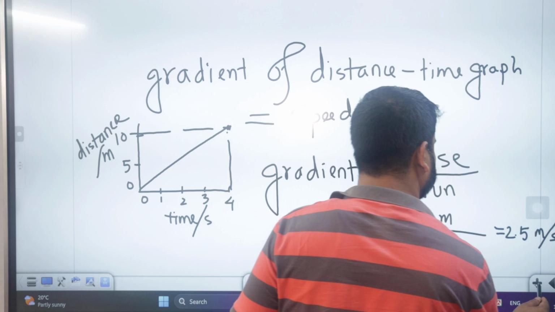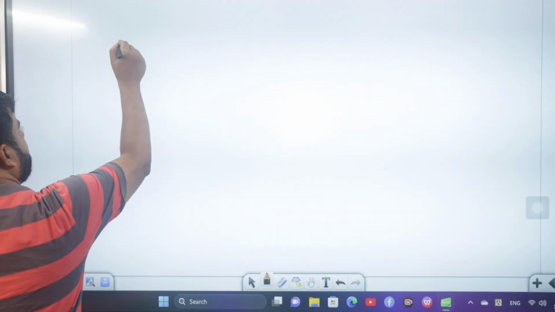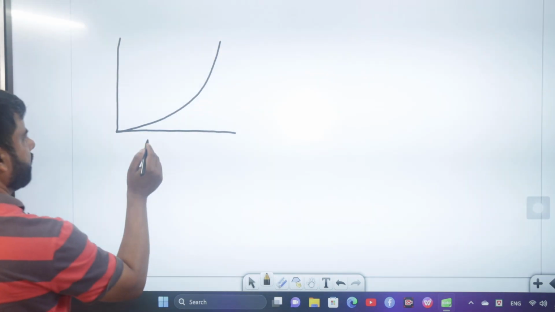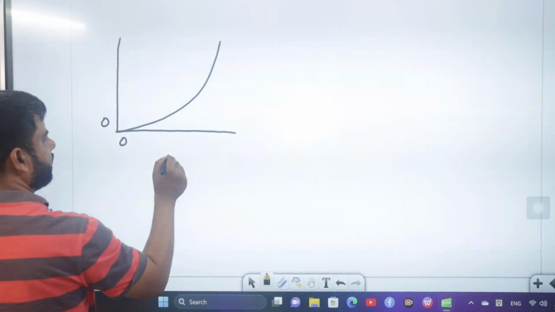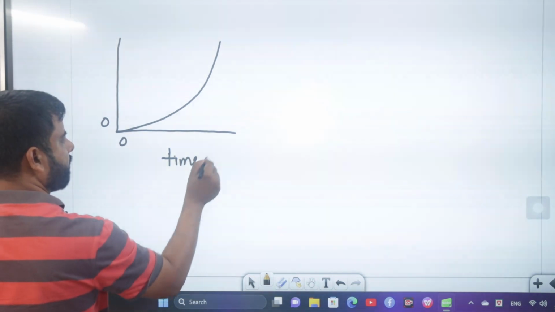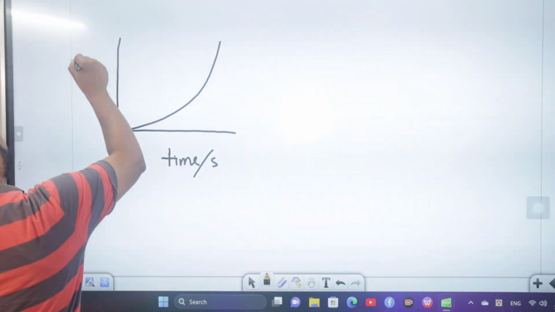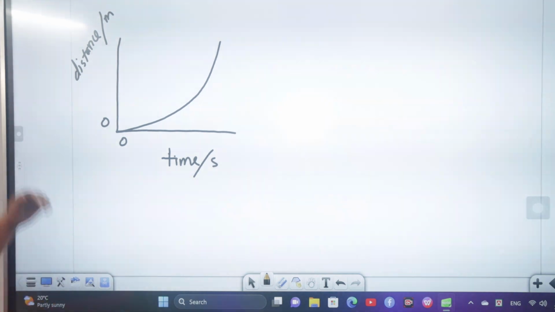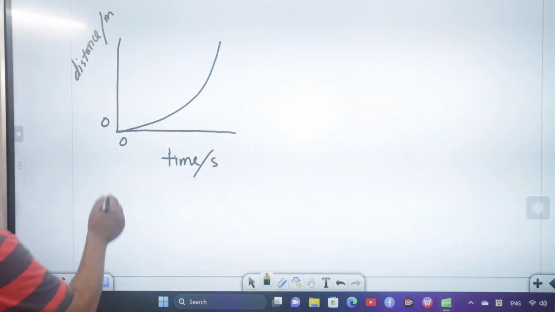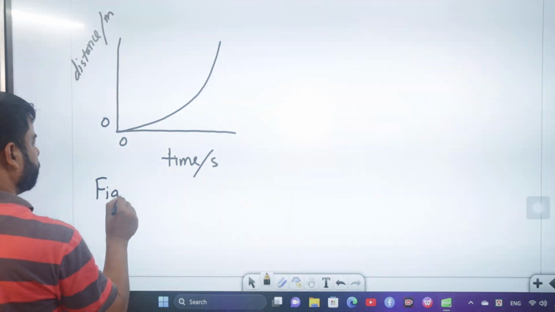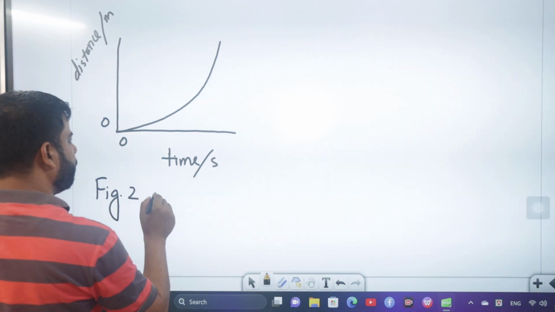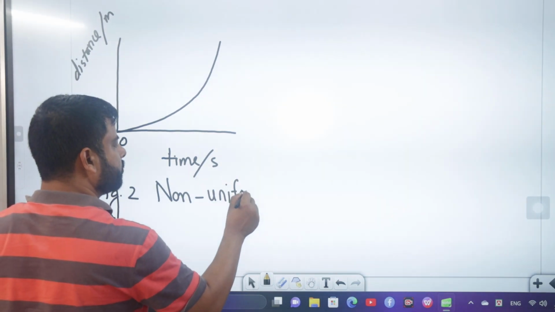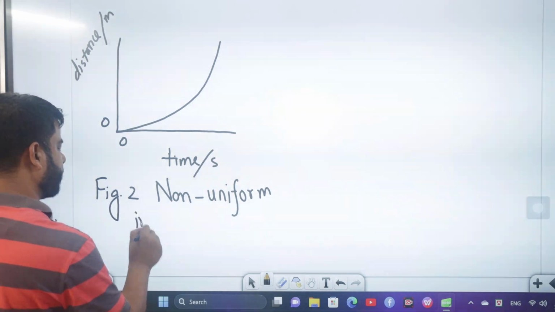Now if the distance time graph is a curved one like this, here time in x-axis and distance in y-axis, figure 2: non-uniform, increasing speed.